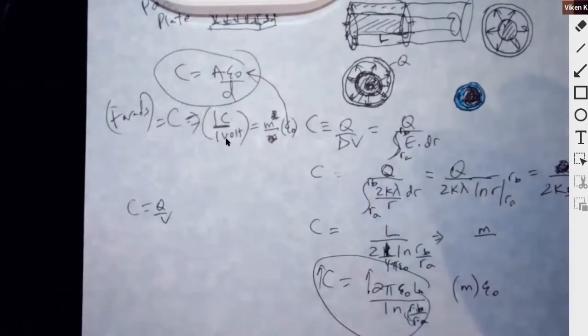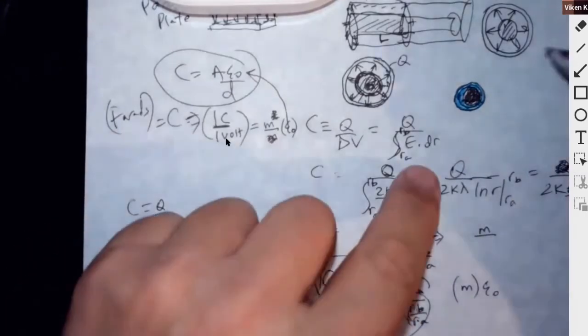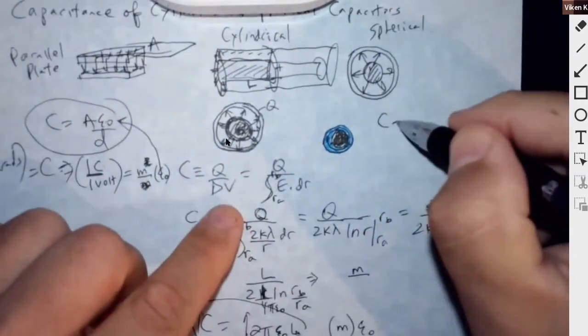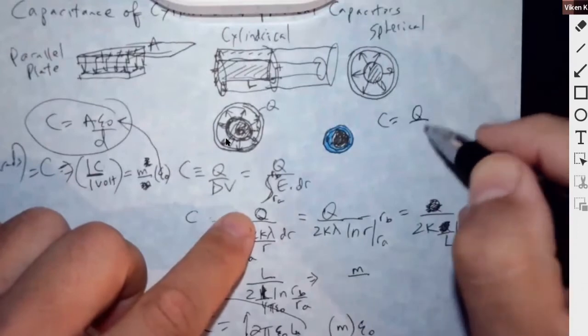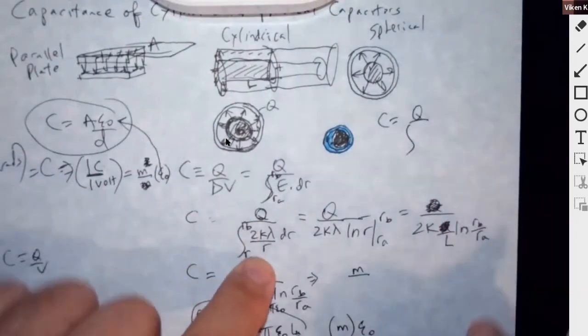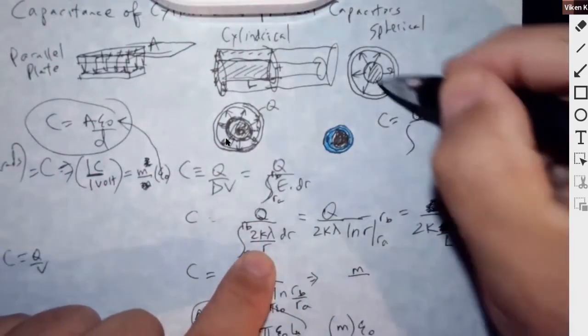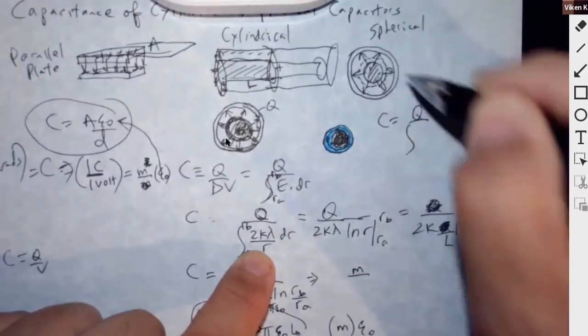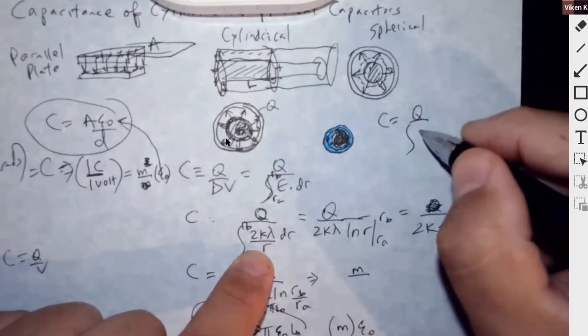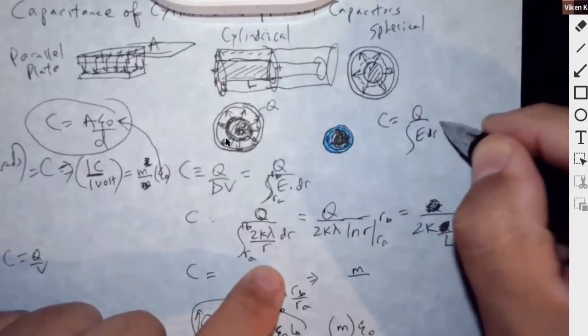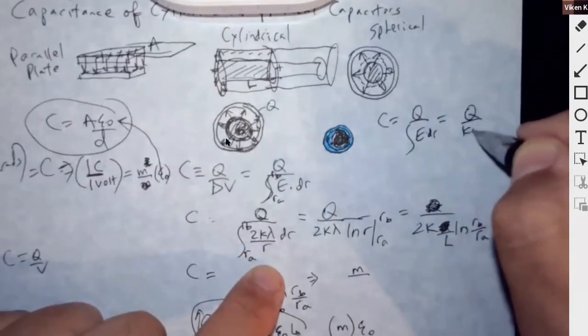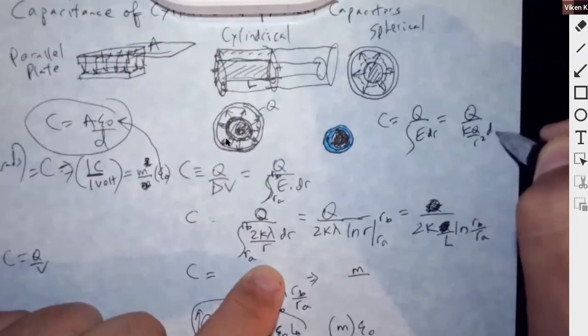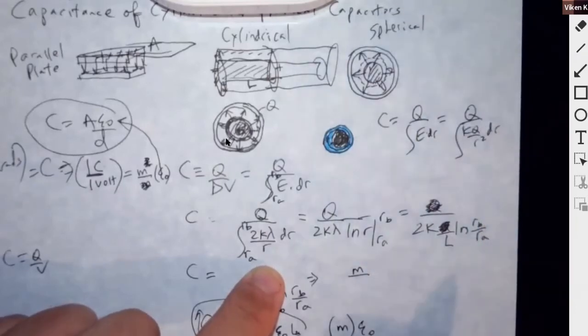And then how about the sphere? Okay, so then the sphere, we're going to take the same process. Q over integral. So what's the electrical field between the spheres? And it's going to be KQ over r squared, right? So integral E dr, KQ over r squared dr, then the integral of that.